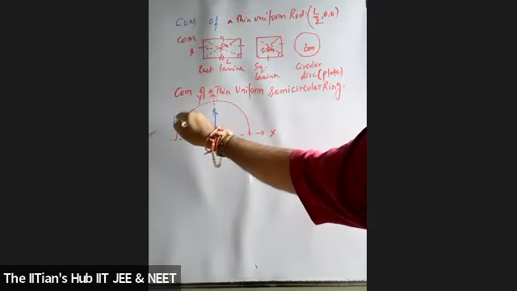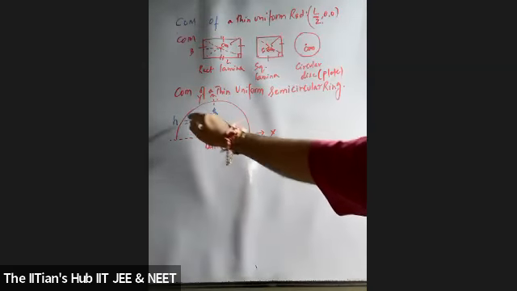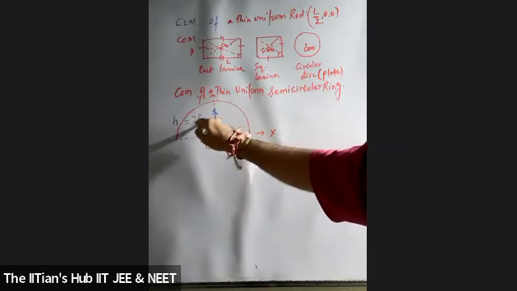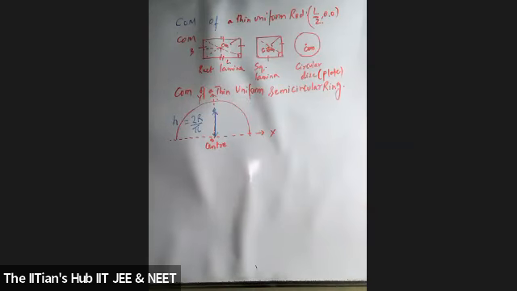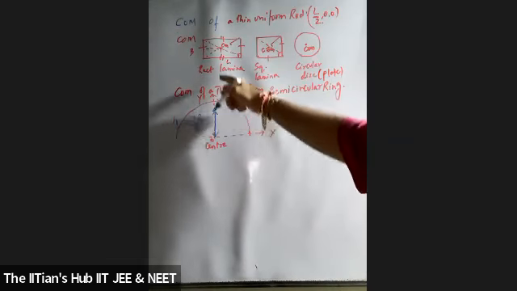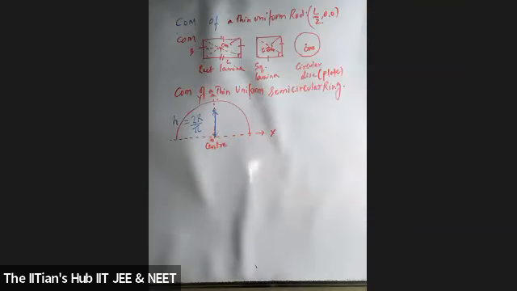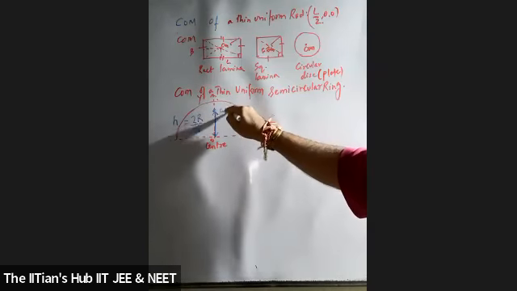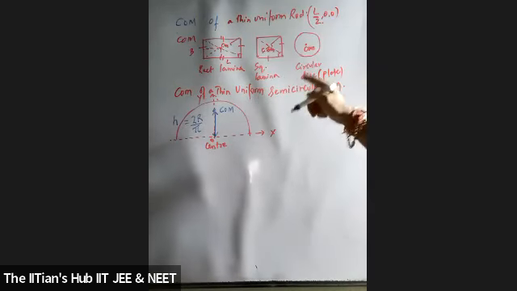At a height. How much? 2r by pi along the axis of symmetry. Students, from the center along the axis of symmetry at a height 2r by pi from the center. ये तुम्हारा center of mass हुआ, of the thin uniform semicircular ring.